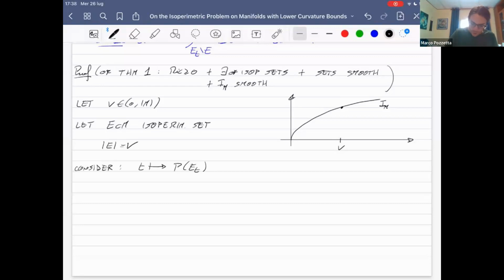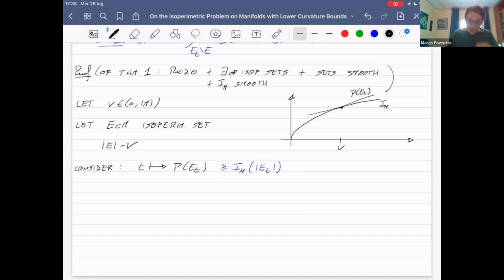And in particular, of course, you have a trivial inequality. The perimeter of Et is greater or equal than the profile computed at that volume, right? By definition of profile, because it is the infimum of the perimeter for any volume. So on the same picture, you can imagine that above my isoperimetric profile, I have the perimeter of Et as a function.